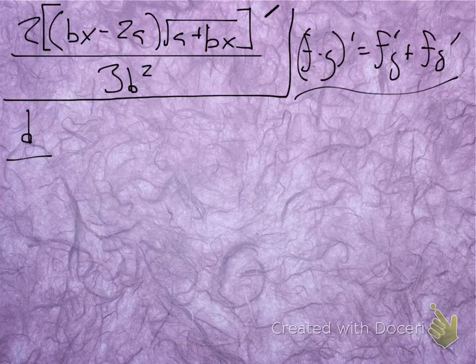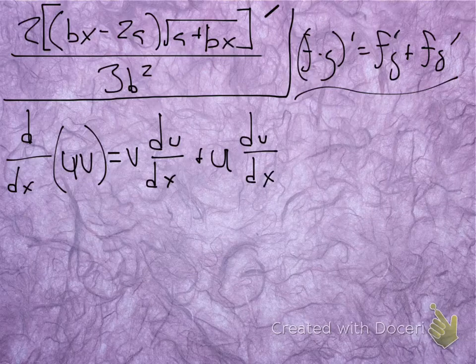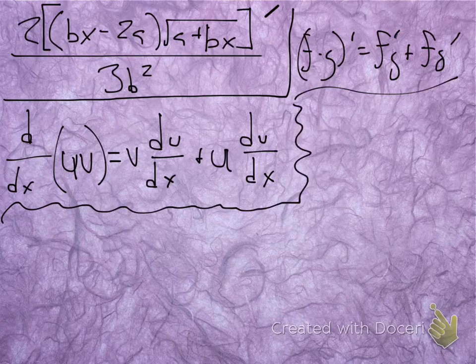We're going to say that d dx of uv is equal to v du dx plus u dv dx. Now, what does this mean? Just watch. This is really not that terrible.